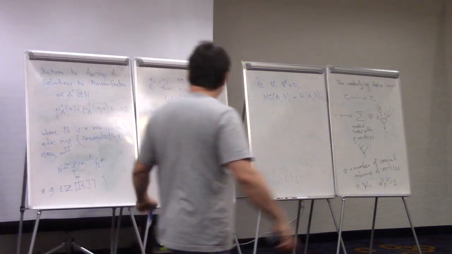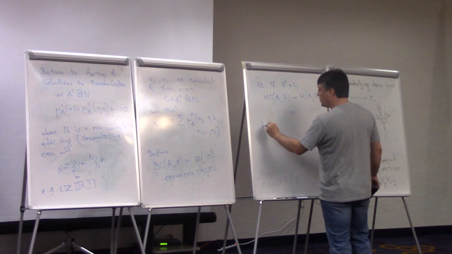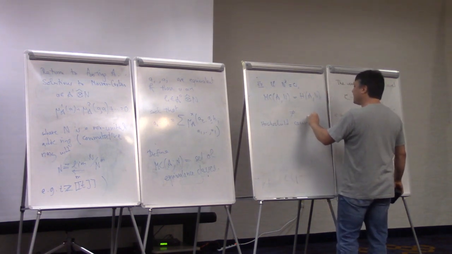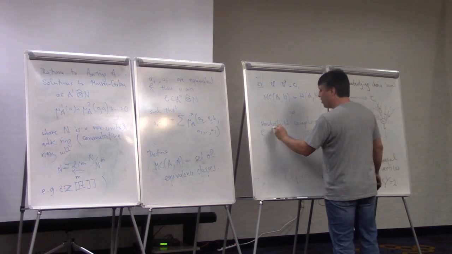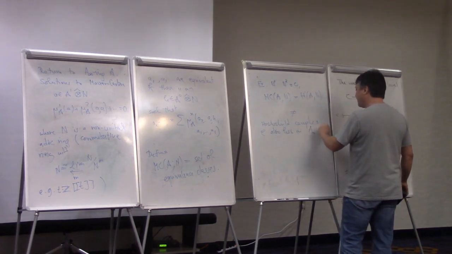I don't want to apply it to this one here, but the Hochschild complex C also has an A infinity structure.